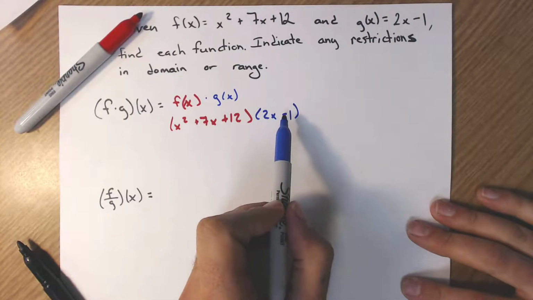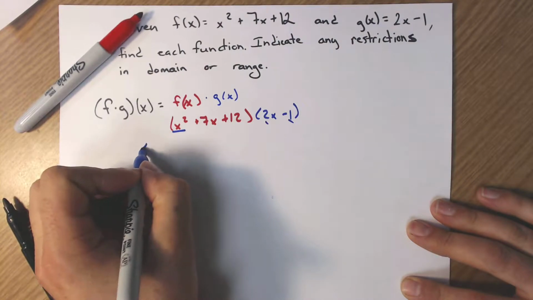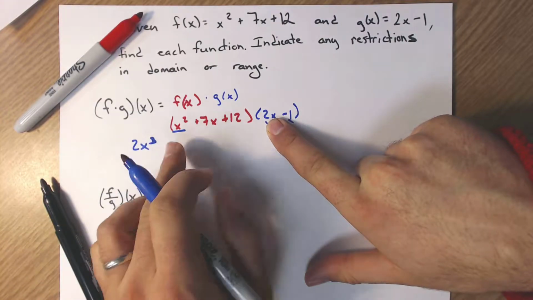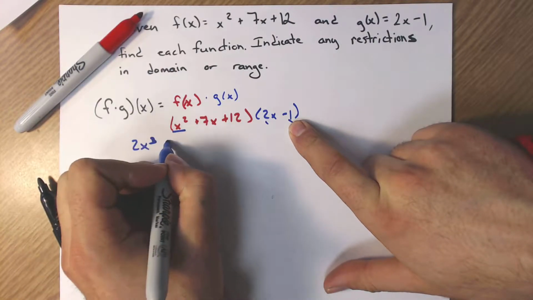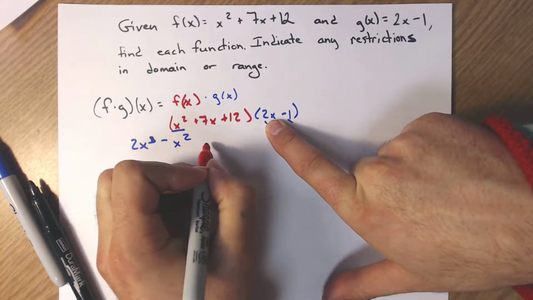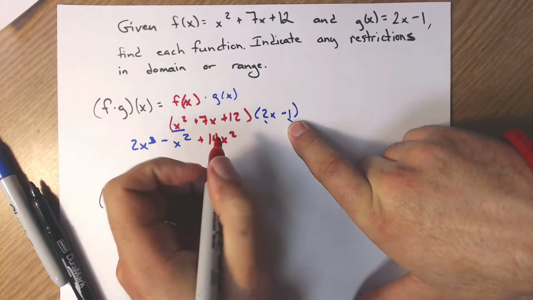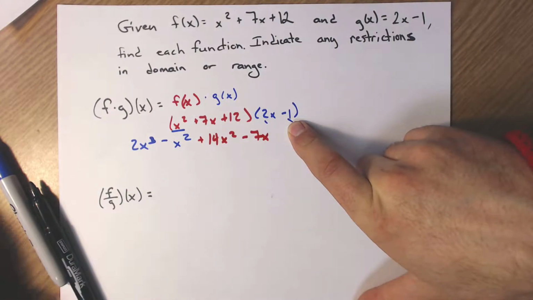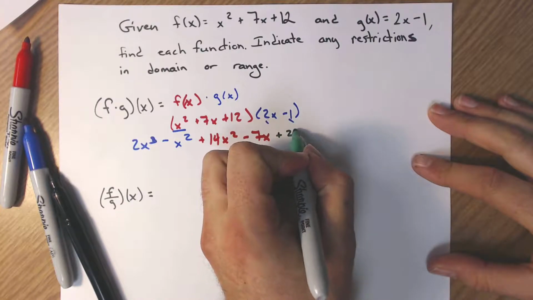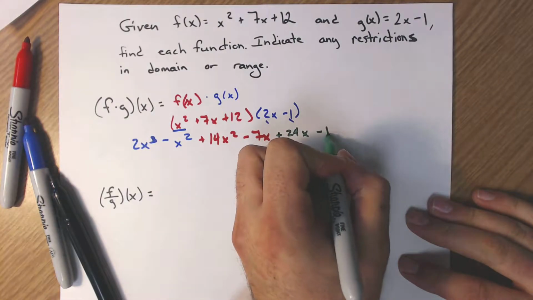I have to multiply to both of these. So this x squared gets multiplied to both of these. x squared times 2x is 2x cubed. x squared times -1, negative x squared. 7x times 2x is 14x squared. 7x times -1 is -7x. 12 times 2x is plus 24x. Then 12 times -1 is -12.